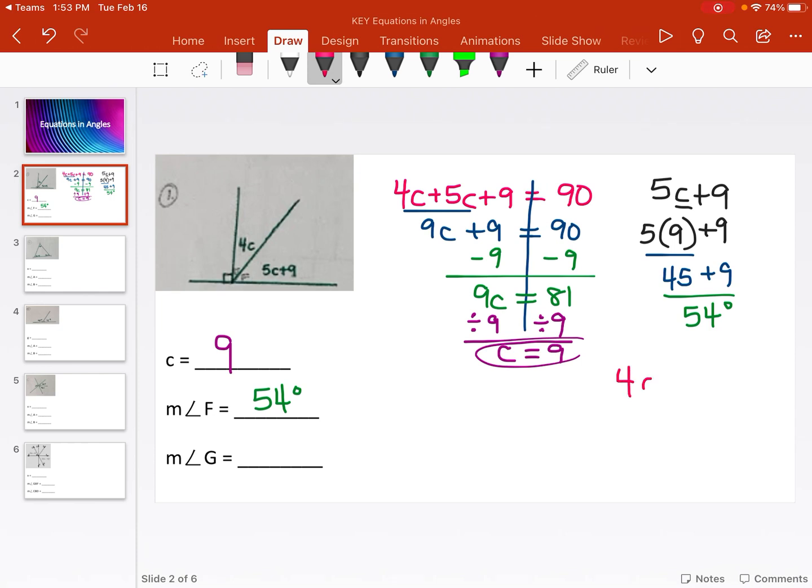So 4c was original. I know that c is 9, so 4 times 9, which equals 36. So angle G is 36 degrees. And I can kind of check myself because 54 degrees plus 36 degrees does in fact give me the 90 degrees that was supposed to equal.